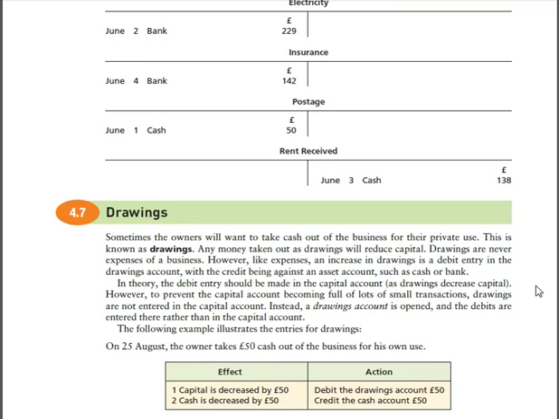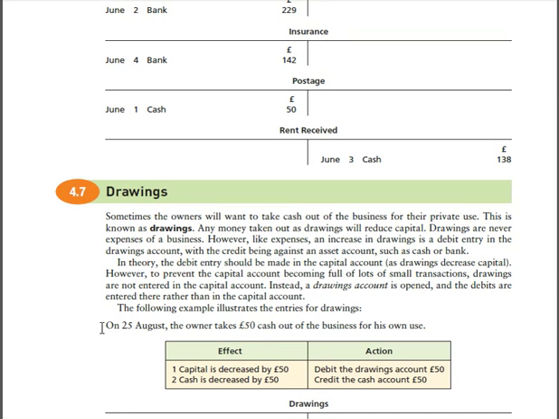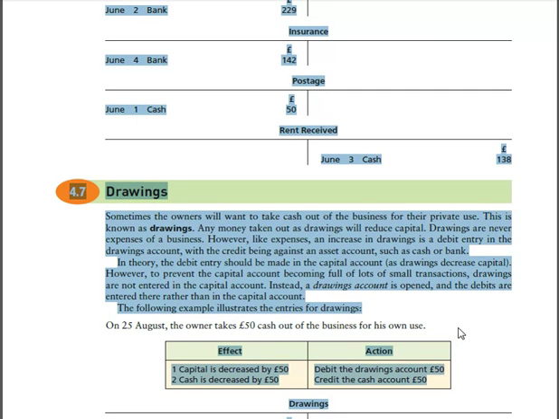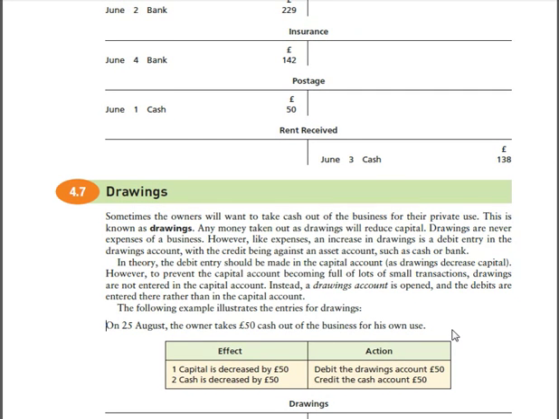So we look at the example. On 25th August, the owner takes £50 cash out of the business for his own use. We first look at the two accounts it would affect. One would be the capital account, but generally we record all of these drawings into a separate drawings account rather than having entries directly in the capital account.